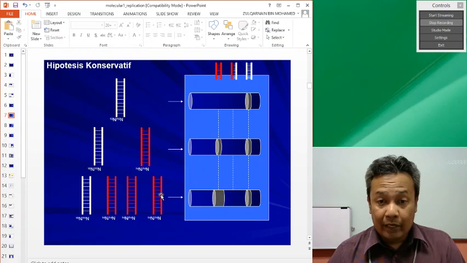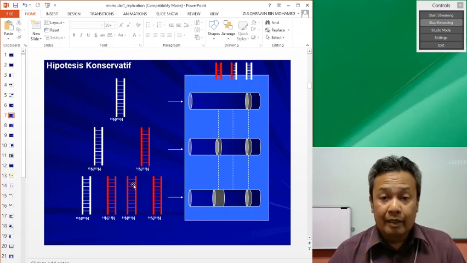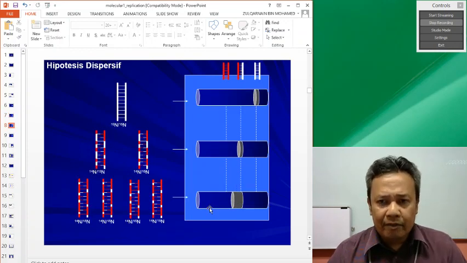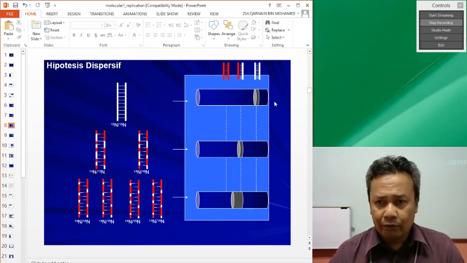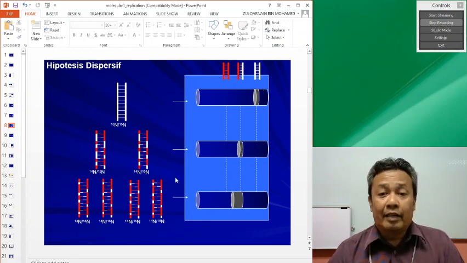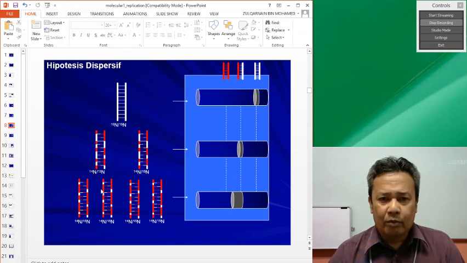In the following replication cycle, you get 3 to 1, so that's why you get the thickening of that band. For dispersive, it's not easy to really explain because it's quite random. You start off with 15N, and then you have a mixture that goes in the middle, because it's a hybrid. It's neither 14N nor 15N, so you get a band in the middle, and this continues as more and more 14N becomes available.